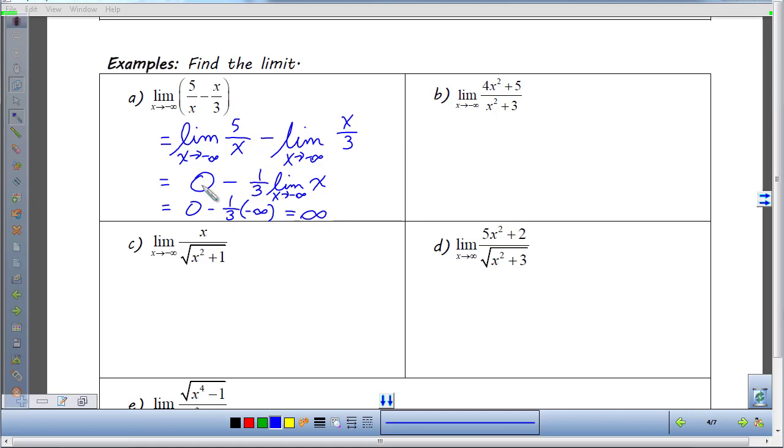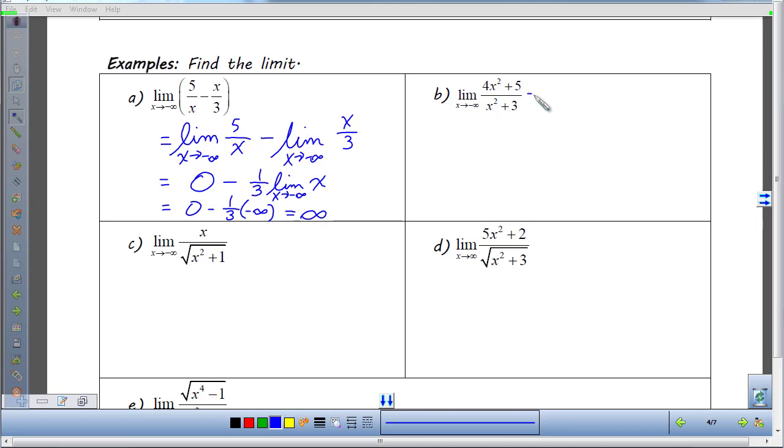And the way that we're going to do that is, usually, we'll try to divide the numerator and denominator by the highest power that we have in the numerator or denominator. So in this case, both the numerator and denominator have a power of 2. So I'm going to divide top and bottom by x squared.